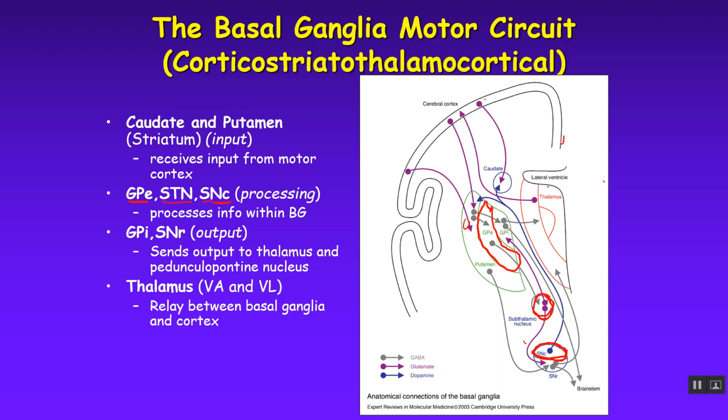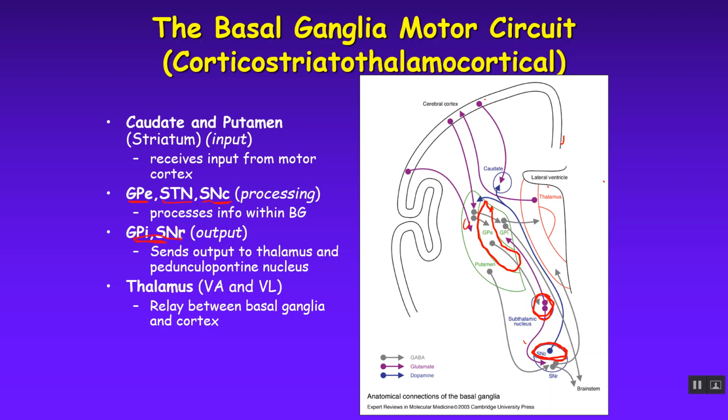These are kind of called the processing nuclei. This is where there's connections between those nuclei, and depending on where those signals go and in what order, and whether they're excitatory or inhibitory, will influence the output of the output nuclei of the basal ganglia. So those are considered the processing nuclei.